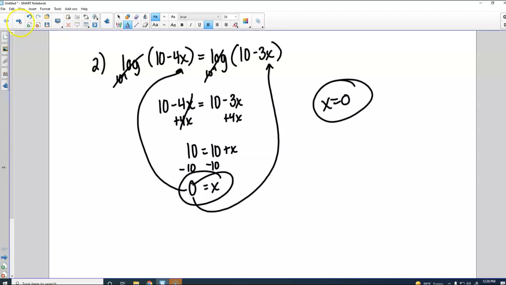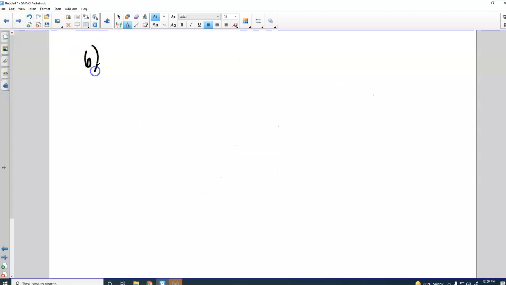Oh, let's do 6 because it's a horrible problem. I do not like the way that they have formatted number 6 because it looks like this says 2 log base 7 minus 2r equals 0.